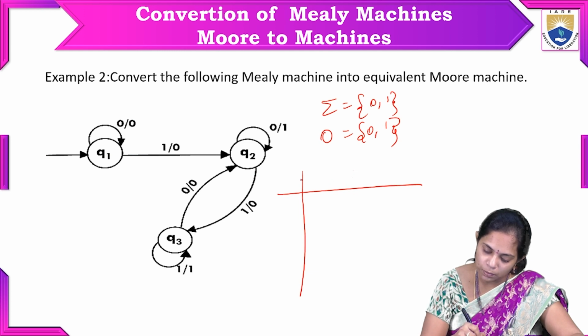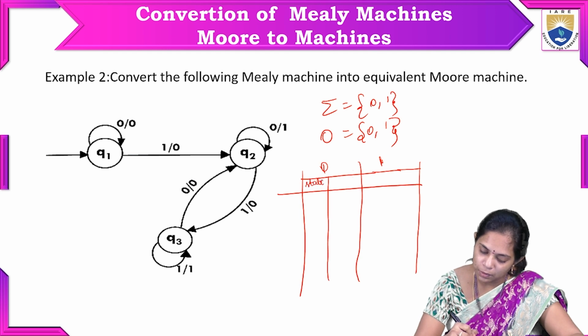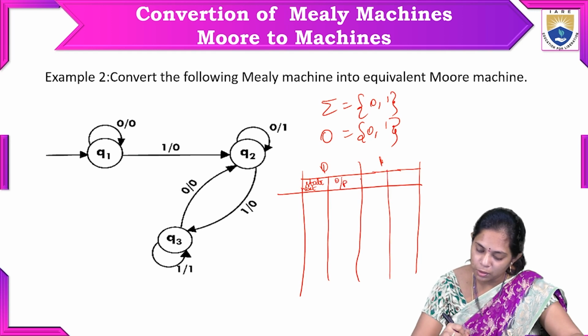So here for the state A, for input 0 and input 1, what is the next state, and here output, and here also next state and output.